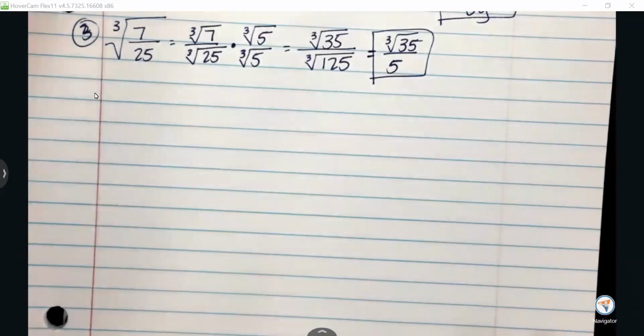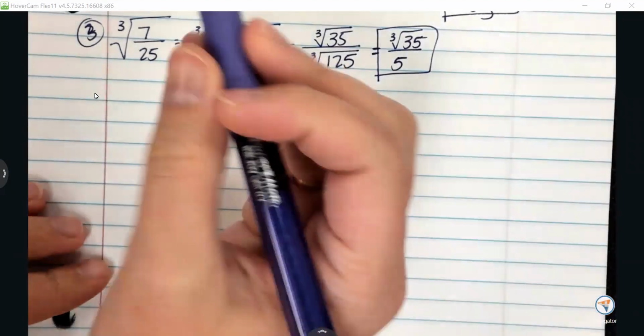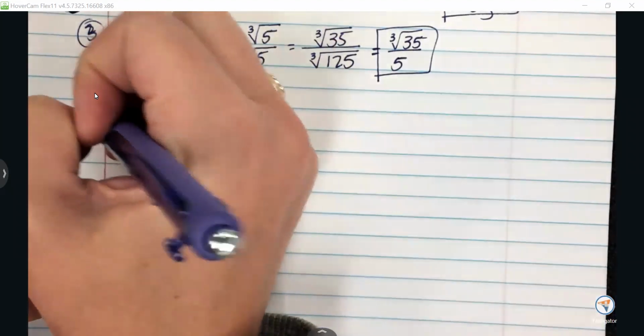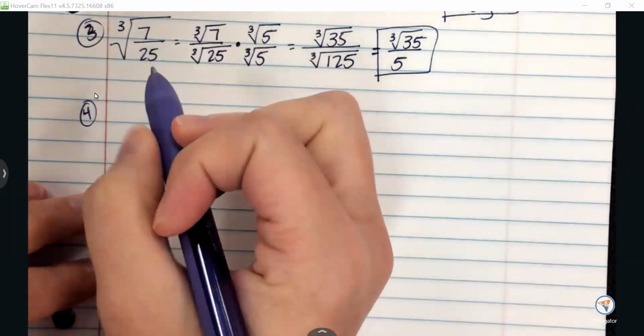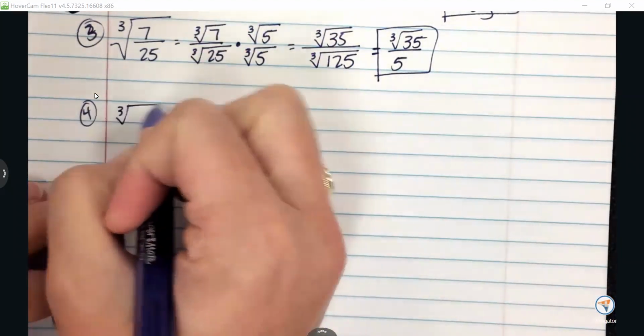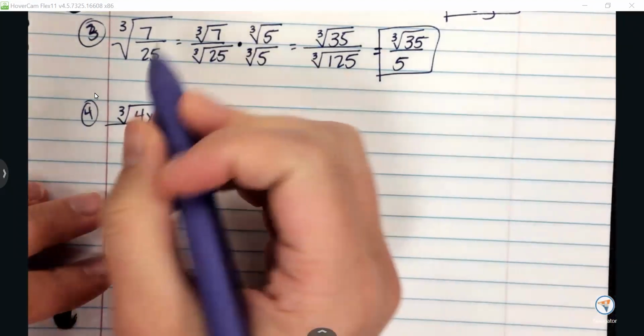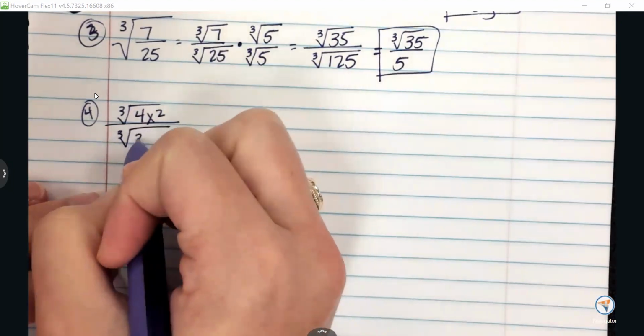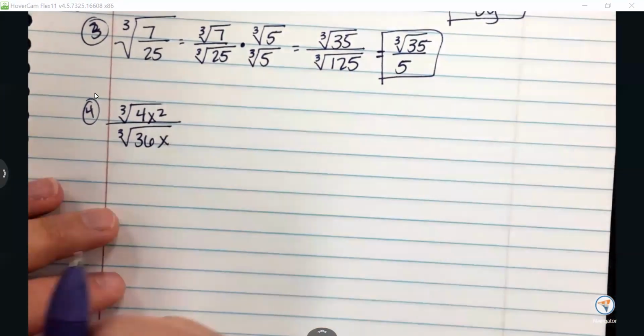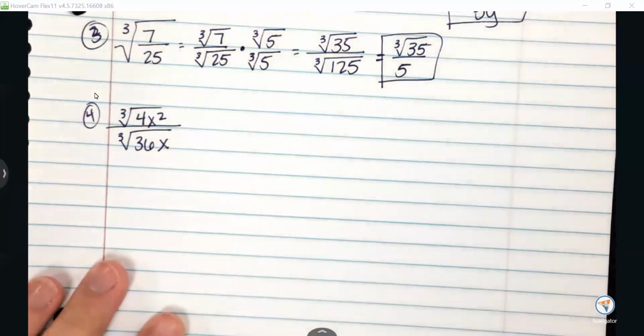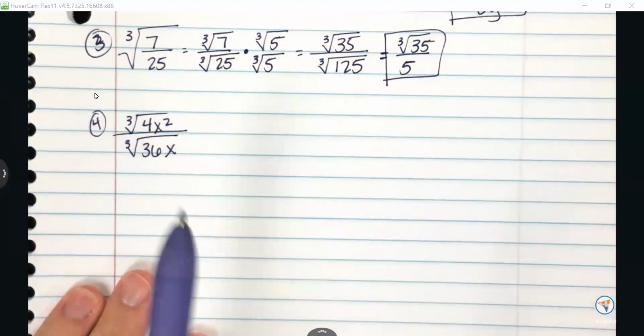All right, let's go try another one. Cube root of 4x squared divided by the cube root of 36x. I have two choices.